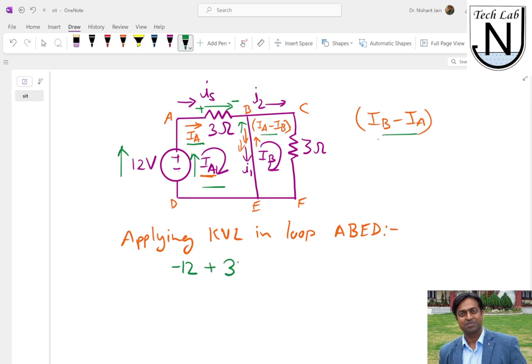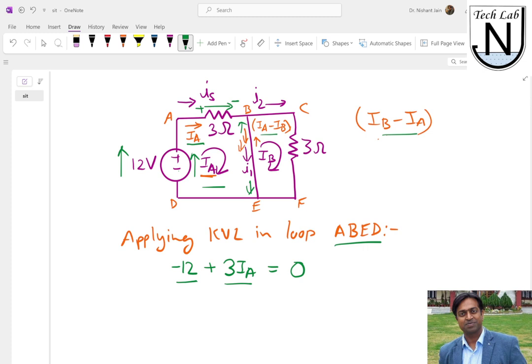So it will be 3IA. And then coming to this, since there is no resistance, we are not going to put it in the KVL. So our first KVL equation will be simply like this, right? In this loop we have only one resistance and one voltage source, so we have only two terms, minus 12 plus 3IA.